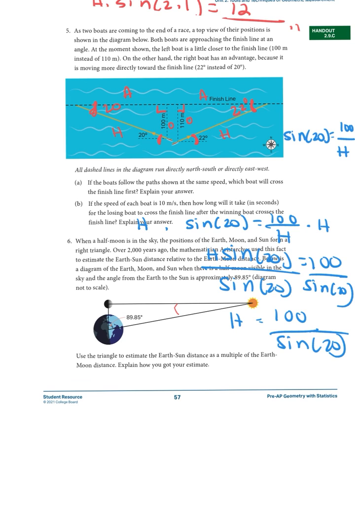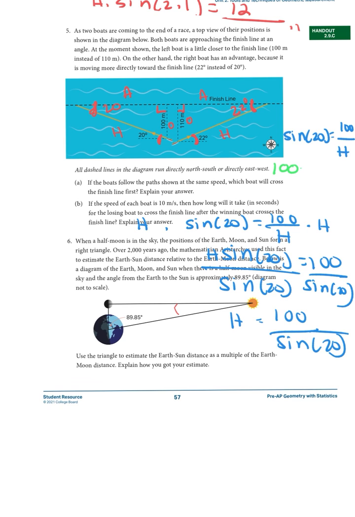All right, so if the speed of each boat is 10 miles per second, then how long will it take in seconds for the losing boat to cross the finish line after the winning boat crosses the finish line? All right, so for this one, you have to set up a proportion. I'm just going to tell you how to do it.